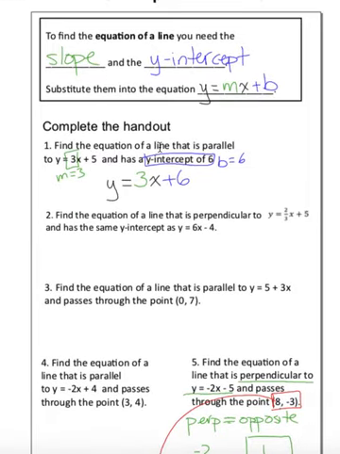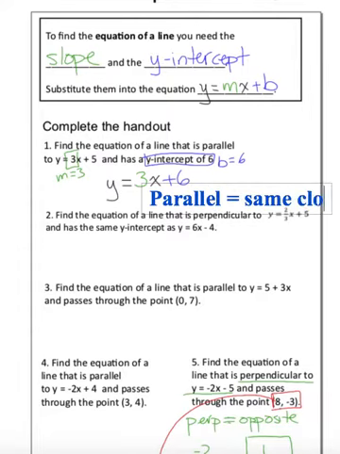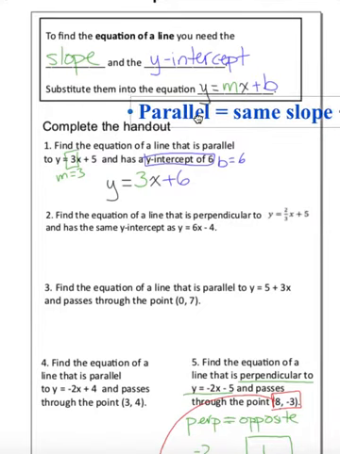We need to find the equation of a line that is parallel, and parallel means the same slope, to y equals 3x plus 5 and has a y-intercept of 6. Our y-intercept is b, so I would write that down. When it's parallel, it's the same slope.